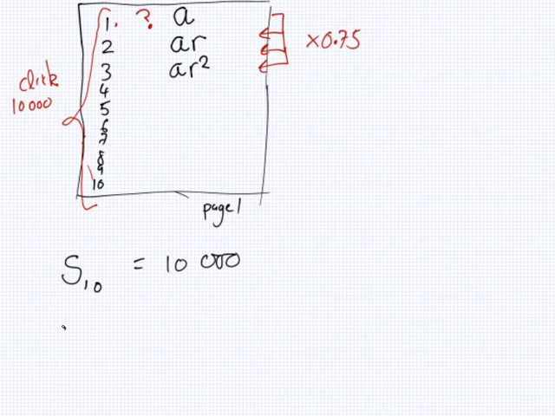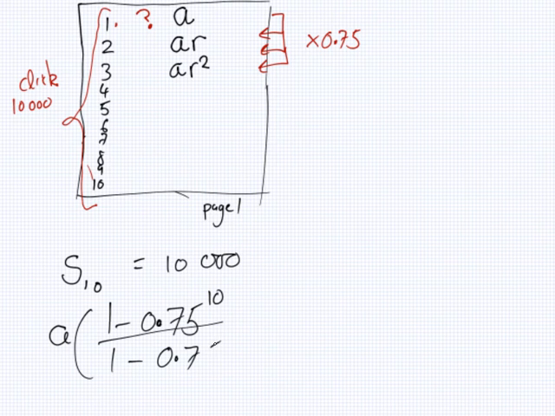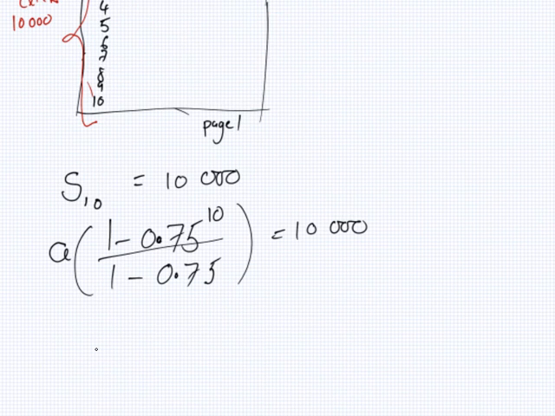It's a 1 minus r power 10 over 1 minus r, which is 0.75. And that should equal 10,000. So this should give you the A easily if you just type this in on your calculator.